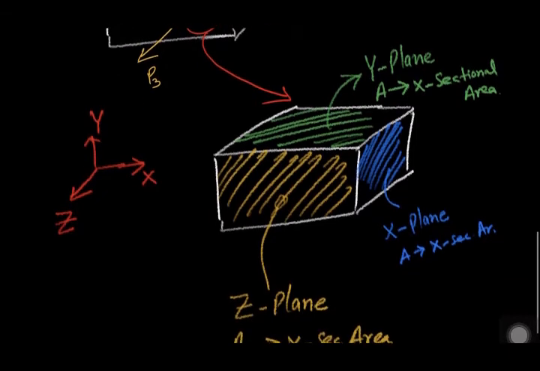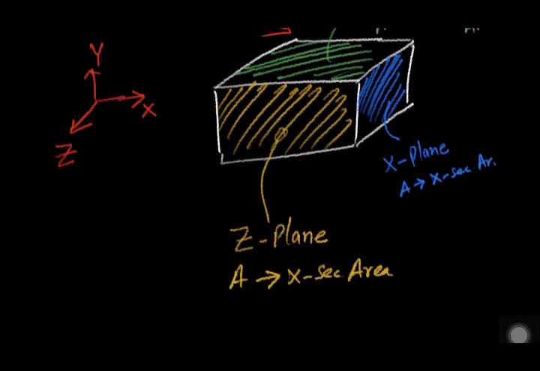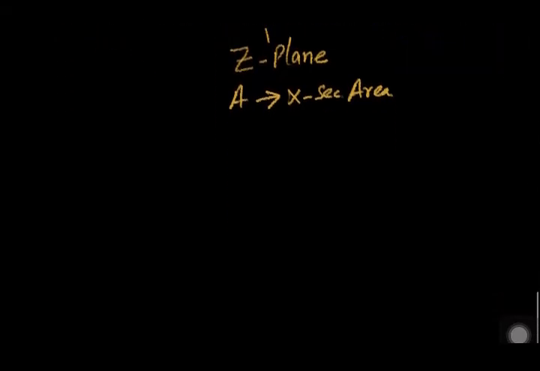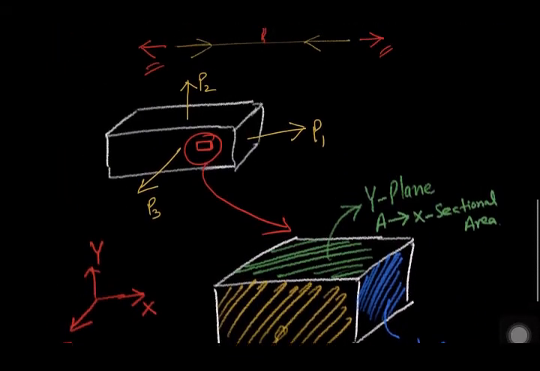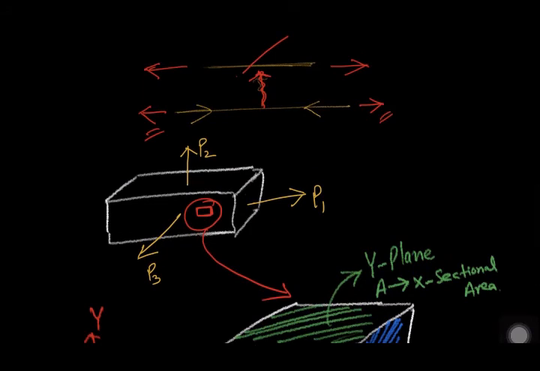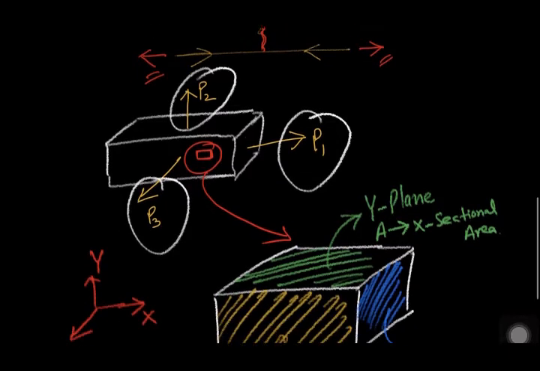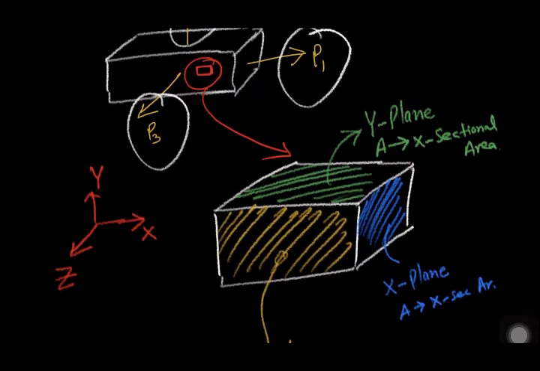Now, in order to get the general stresses under these loading conditions, what we can do is, see, we had a body having force P1, force P2 in the y direction, and force P3 in the z direction. We took a small element and have shown it here.